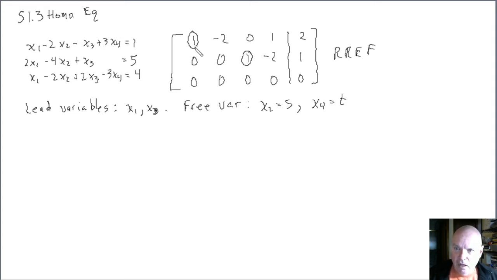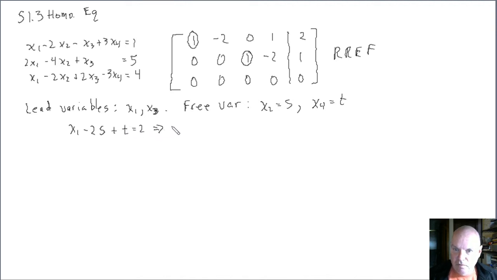Now I can use the corresponding system of equations. Of course, this first line corresponds to, well, let me write it down: x1 minus 2 times x2, but I'm substituting s for x2, and then plus x4, which is t, is equal to 2.